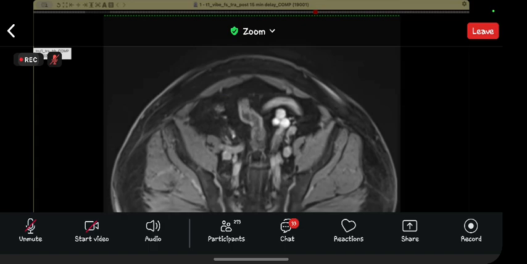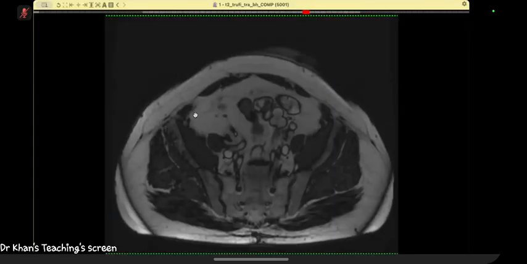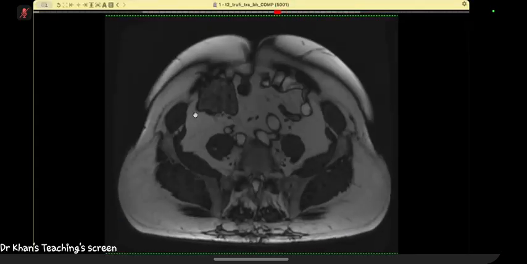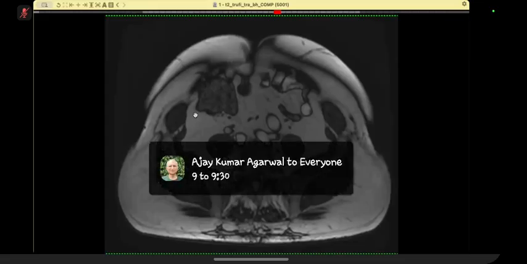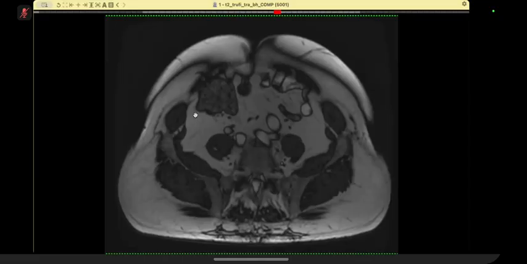So these are MRI sections. I'm not able to scroll. Can you ask for the mouse once again?